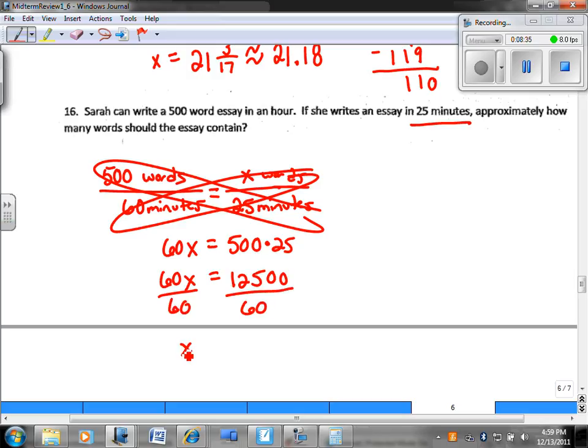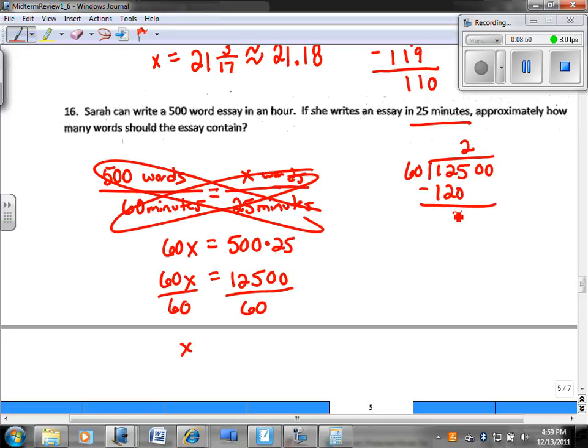X is equal to, well, 60 into 12,500. 60 goes into 125 twice, and that will give us 120. 5. Bring that down. Bring down a 0. 60 doesn't go into 50, so we got to put a 0 here. Bring down another 0. How many times does 60 go into 500?